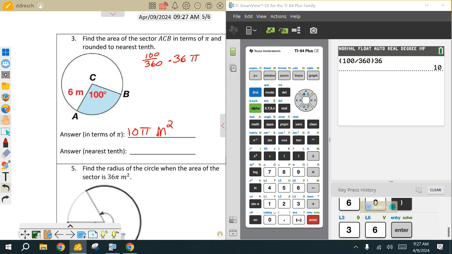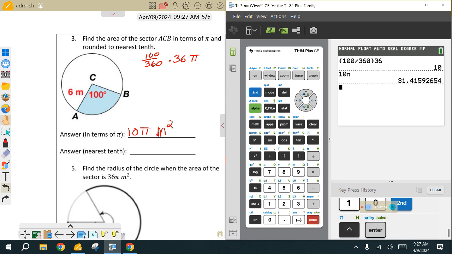We know how to round to the nearest tenth. Go back to your calculator and punch in 10 pi, and your calculator gives you that long decimal. Nearest tenth we know is 1 decimal. So what is it? 31.4 meters squared.